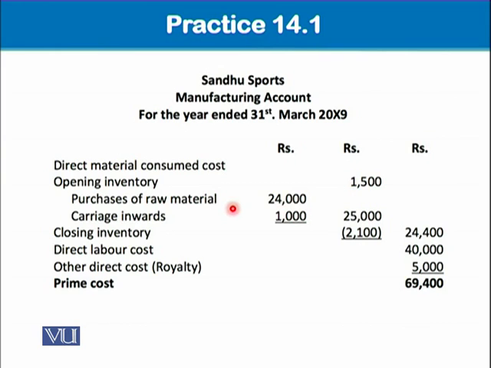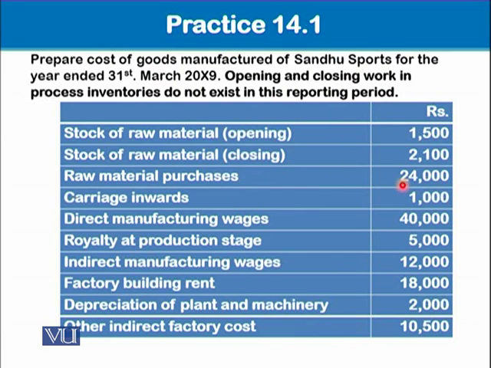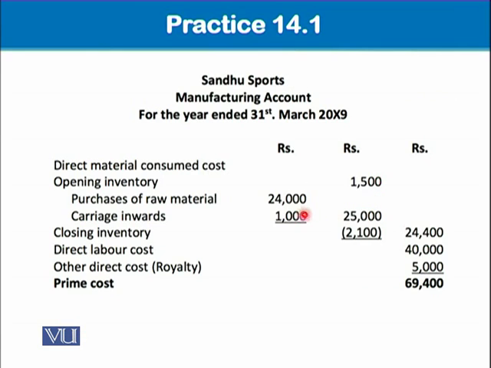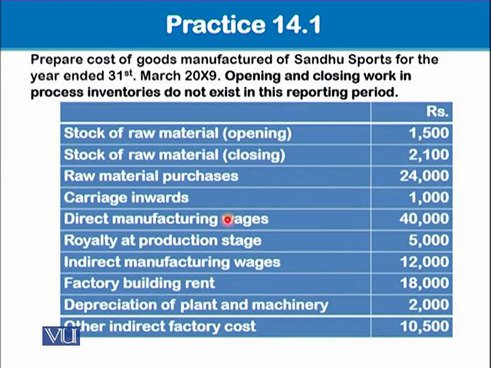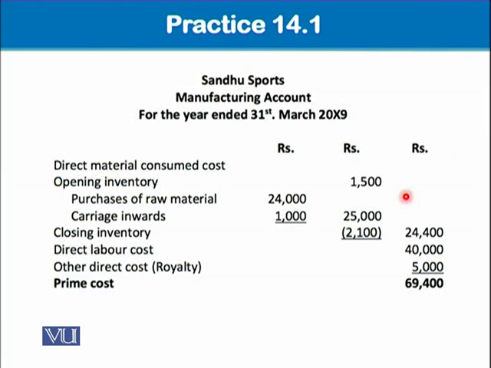Then purchase of raw material 24,000. Place it over here. Carriage inwards, place it over here. It will make it 25,000. This is the total amount of purchases. Add in the opening inventory, and the closing inventory of 2100 will be placed here in the inner column, so that we have 24,400 as direct material consumed cost.